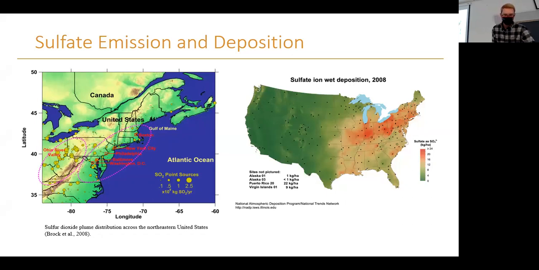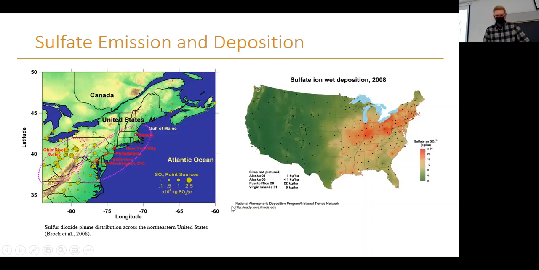The Ohio River Valley here, and this corridor along the Atlantic coast are highlighted because there's such a high concentration of these units that are producing these emissions. These are interesting to me because, as you can see, there's a direct link between where this is occurring and where this is being deposited the most.